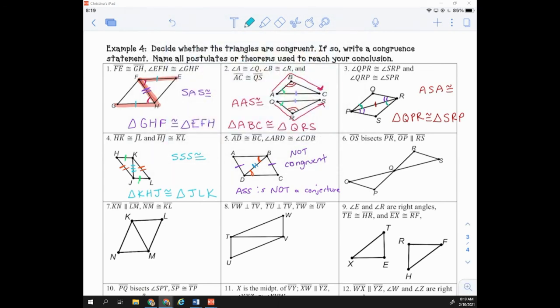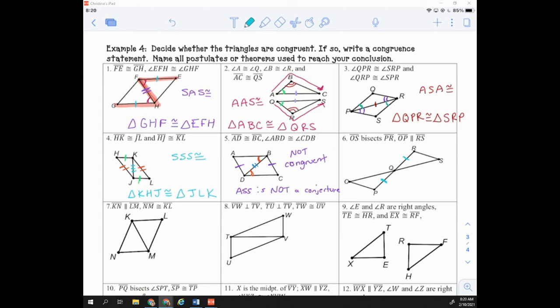Okay, we're told on number 6 that OS bisects PR. So that tells us that PQ and QR are congruent to one another.